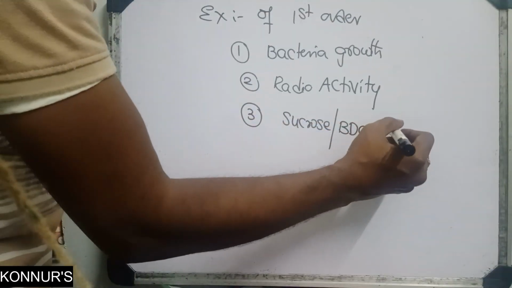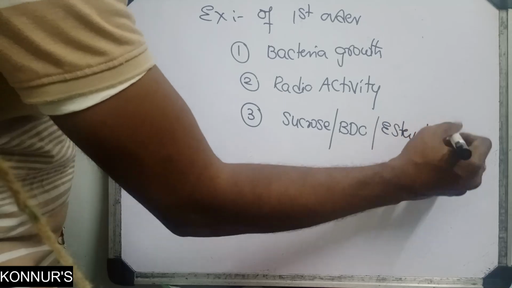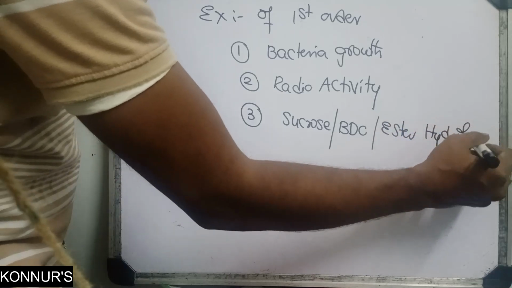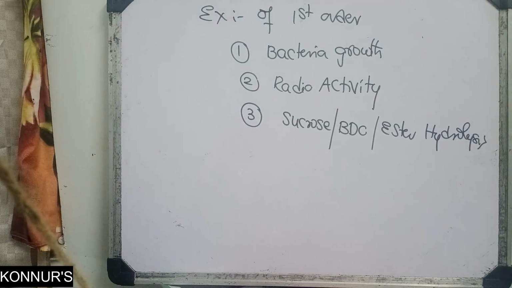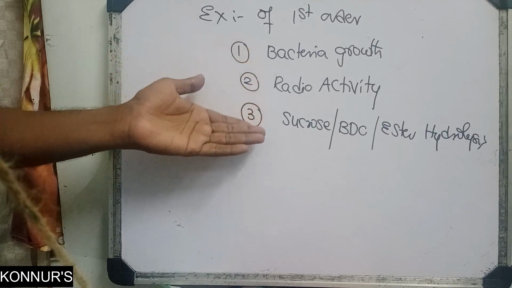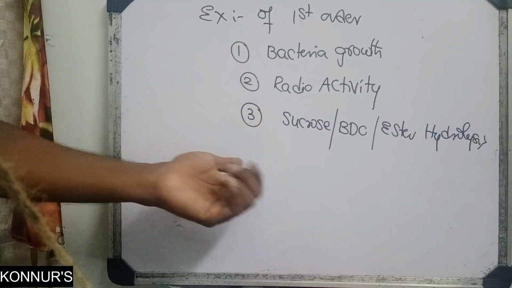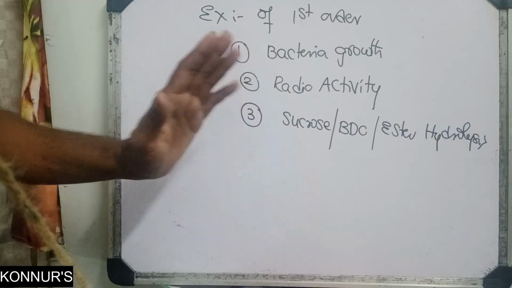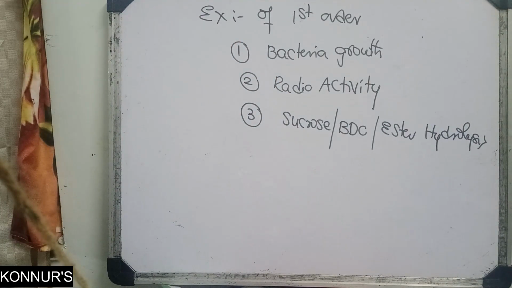Sucrose hydrolysis or ester hydrolysis. All are coming under first order reactions only. So whatever we have discussed is completely from the CET point of view. They will directly ask which of the following is a first order reaction, what is the unit, what is the formula, what is the graph, like zero order, first order, they will ask such questions.